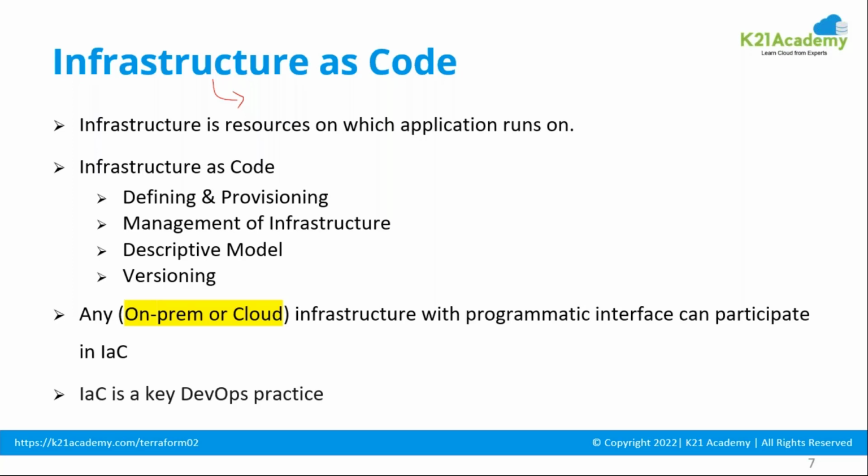You are writing the entire definition of all the resources that you need to run your workload. Maybe you need a virtual machine. Inside the virtual machine, what do you need, which image, what configurations? If you're using a web server, which web server, and what ports you need to configure.